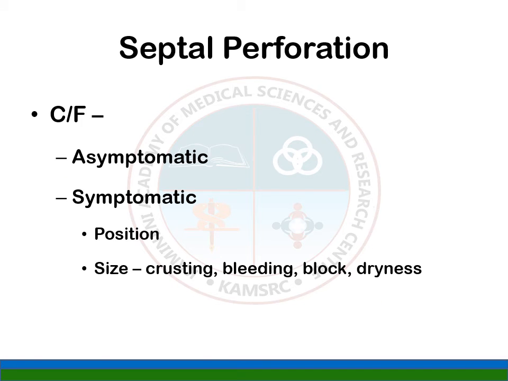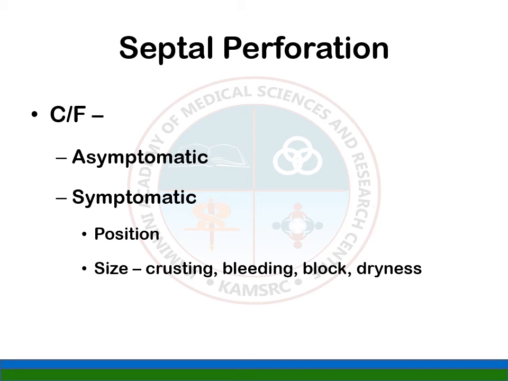Please remember, majority of the septal perforations occur even in routine cases, especially neurosurgical cases like hypophysectomy, the transsphenoid pituitary approach, which will have a septectomy, that is, we will be removing part of the septum.